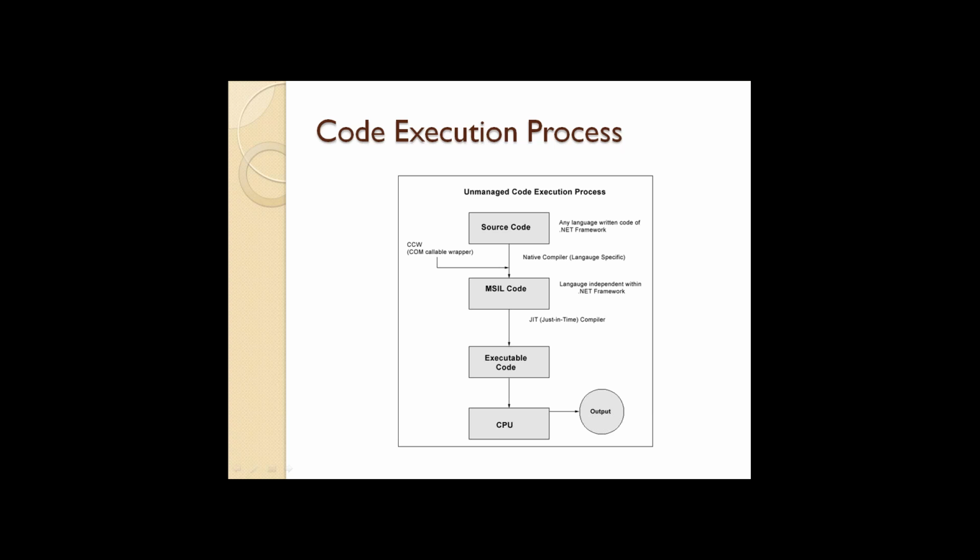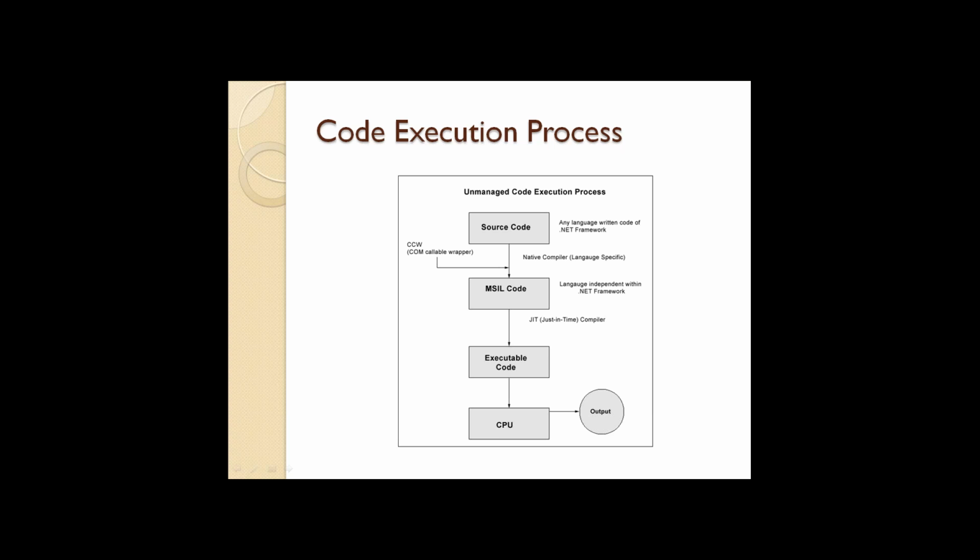First, the high level language to MSIL code, the C# compiler will convert. Then MSIL to executable code, the JIT compiler will convert. Then the executable code into the CPU understandable language code, or operating system understandable language code, the CLR will take care of. The operating system always understands only zeros and ones.